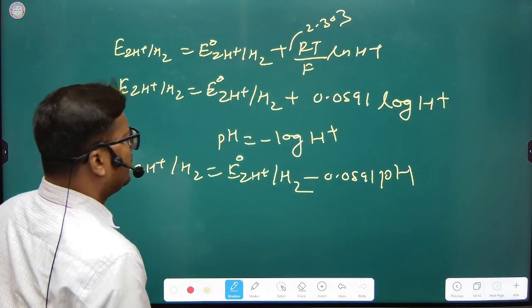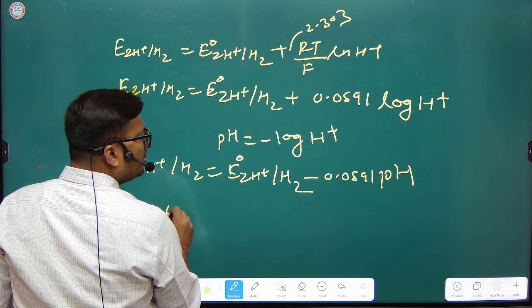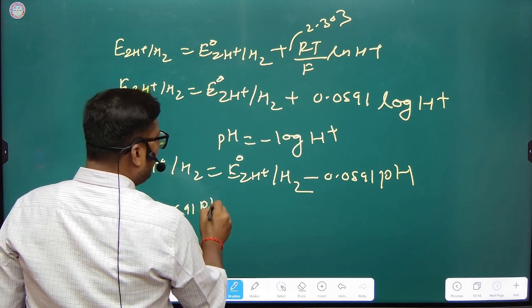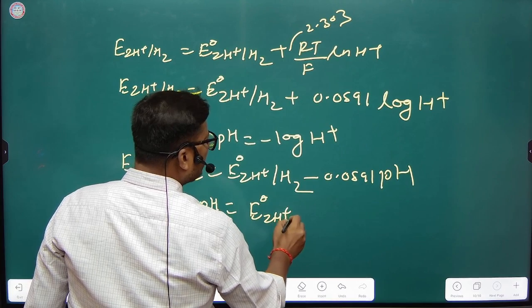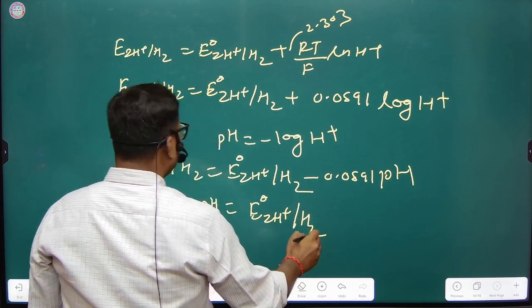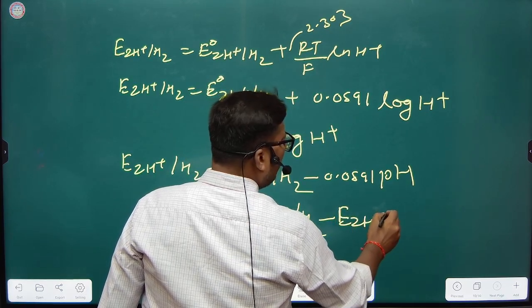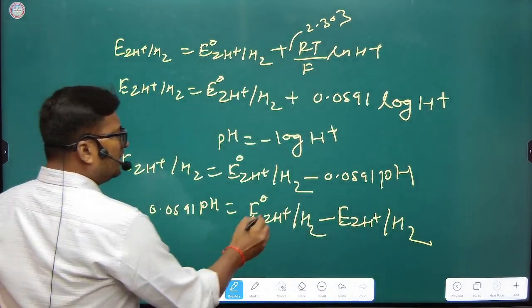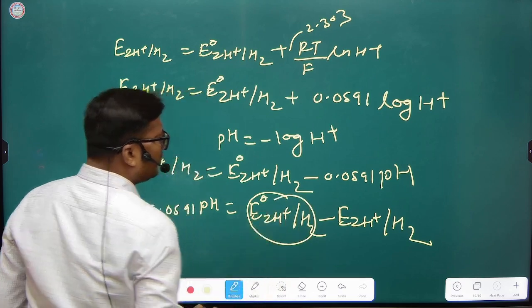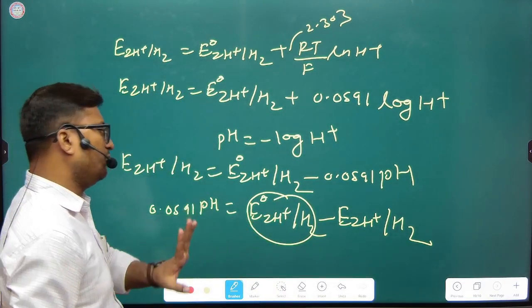Right? So here you can say 0.0591 pH is equal to E naught 2H plus H2 minus E 2H plus H2. So this E naught is the value we can get from the electrochemical series, that is 0.